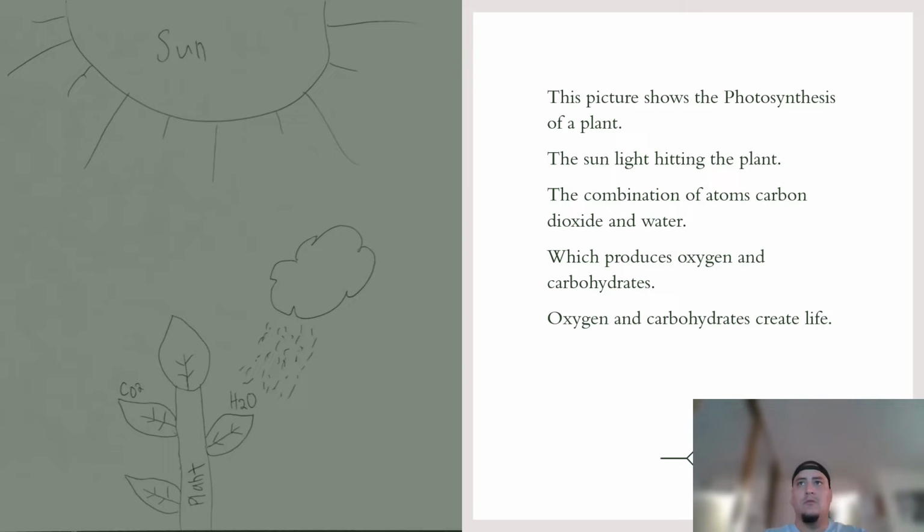The combination of the carbon dioxide and the H2O is what in the end will produce oxygen and carbohydrates. And like I said previously, carbohydrates and oxygen create life. We need oxygen and carbohydrates as well, but animals mainly benefit from the oxygen and carbohydrates from the plants.